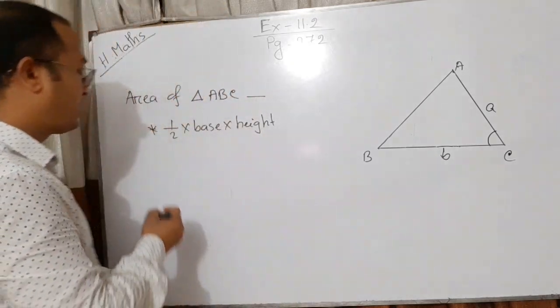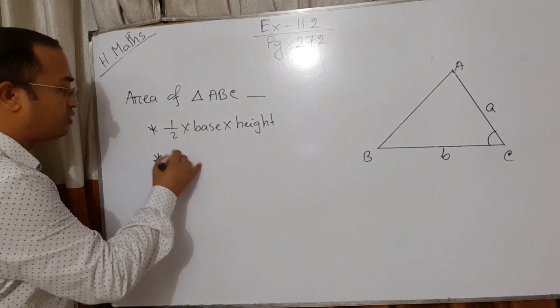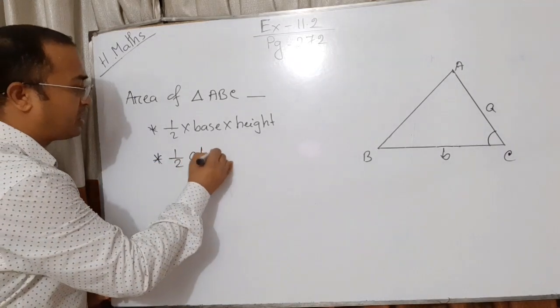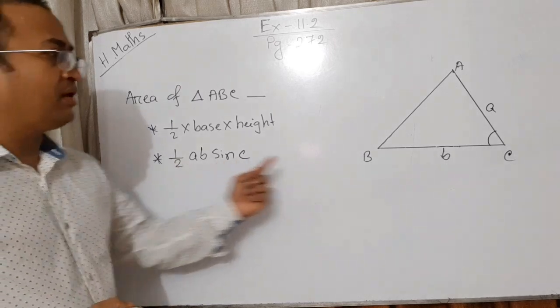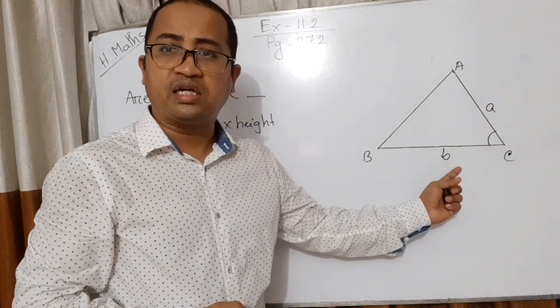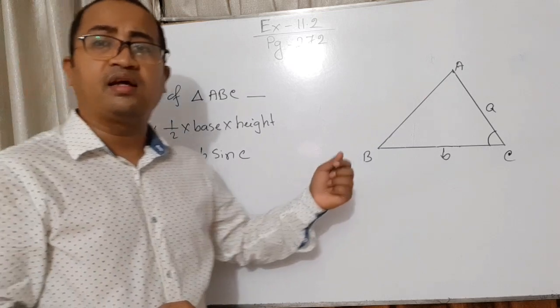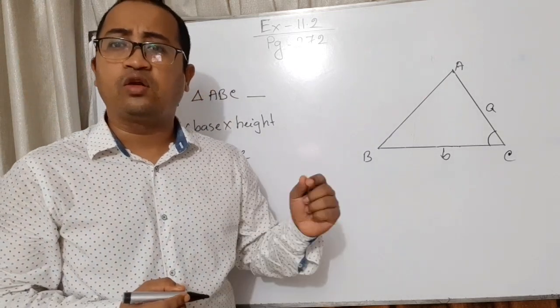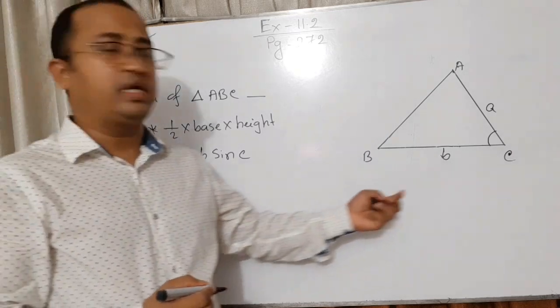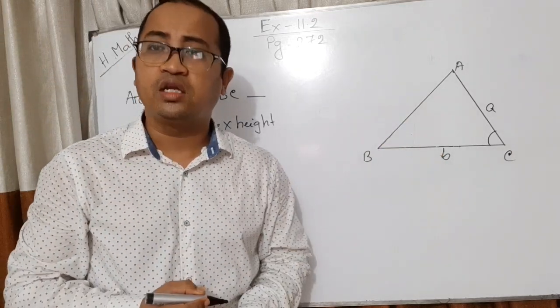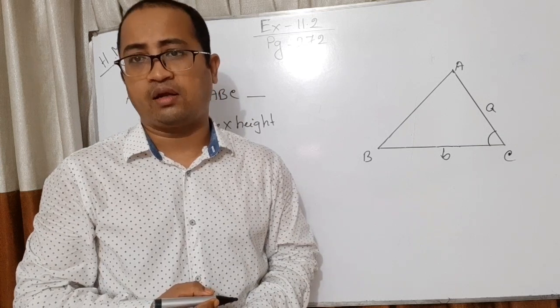Look at the board. Here we will use half into ab sine C. Here ab means the lengths of the two sides, and sine C is the sine of their included angle. We can use this formula to find out the area of this triangle when we know any two sides and their included angle.